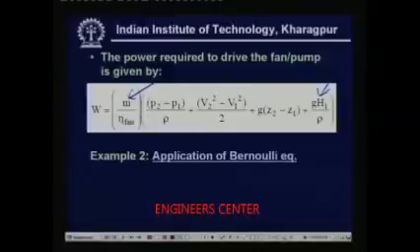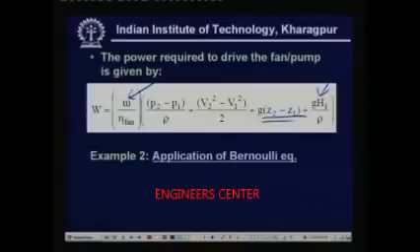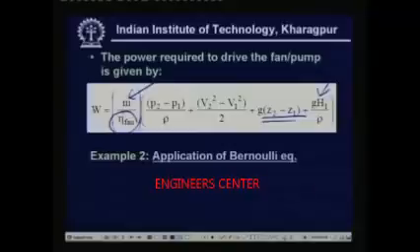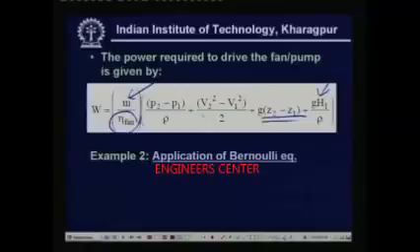V2 square minus V1 square divided by 2 is the difference in velocity pressures at the outlet and inlet, and this is the difference in the datum heads. And here eta fan is the efficiency of the fan. That means if the fan has some inefficiency, then you have to take that into account. So this expression gives you the fan power required or pump power required.